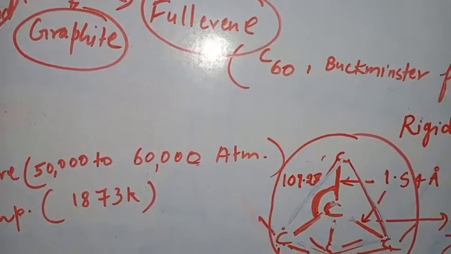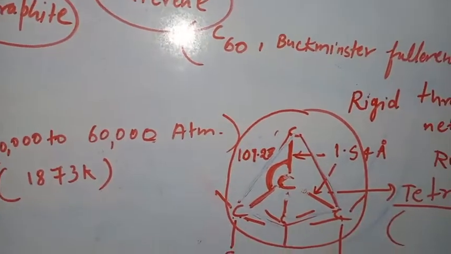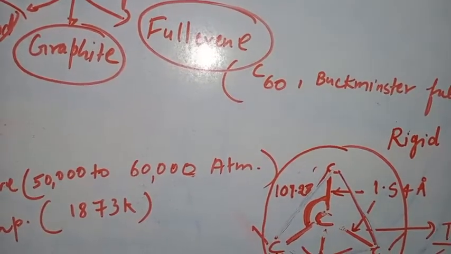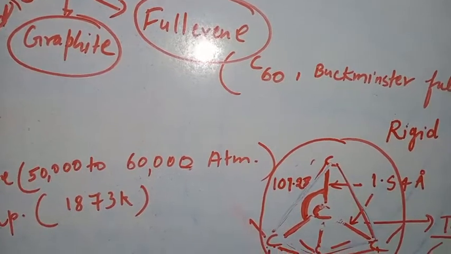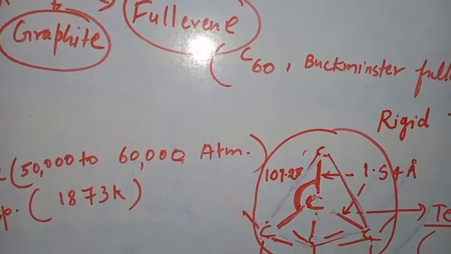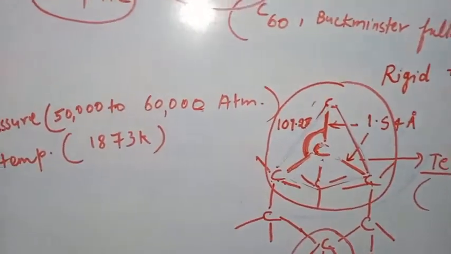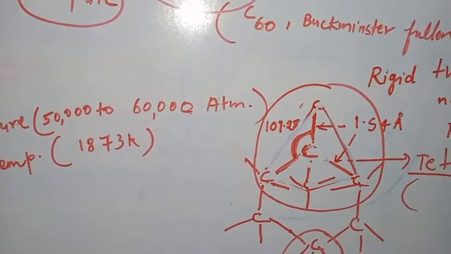That's why it is called a non-conductor of heat and electricity. Understood? It is one of the properties of diamond that it shows non-conduction of heat and electricity. So this is about the structure of the diamond.